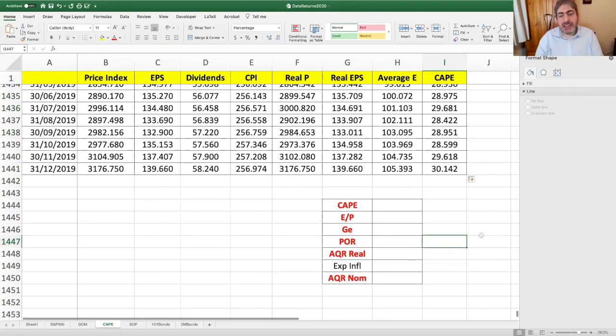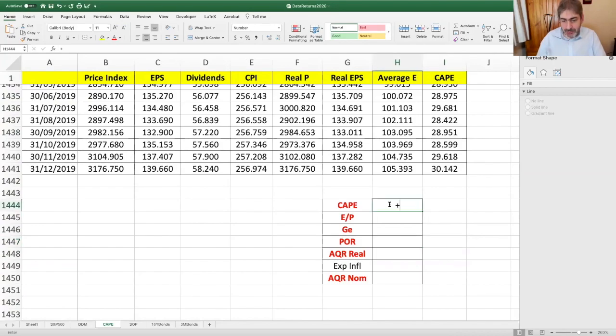Now that we have a CAPE, CAPE is just real price divided by the average EPS, so it's 30. Earning to price, I don't need CAPE, I need the inverse of CAPE, so it's just 1 over CAPE.